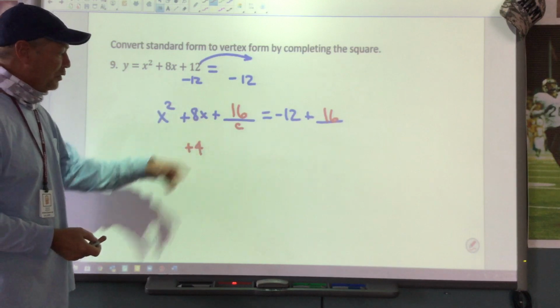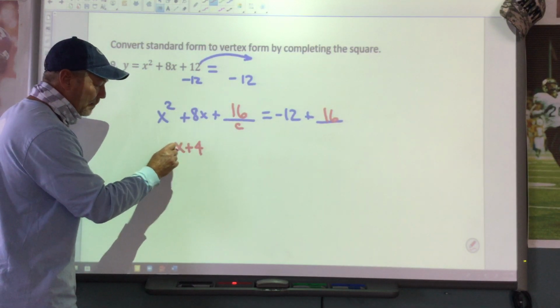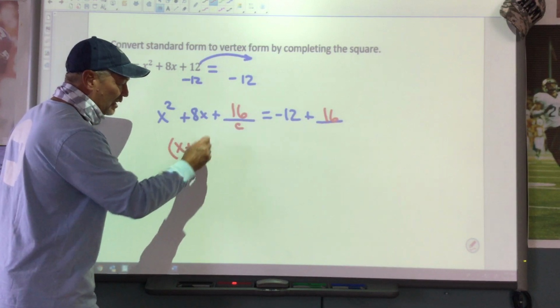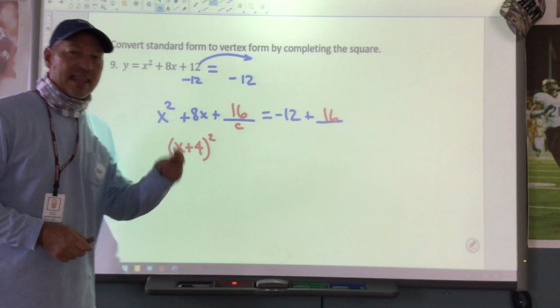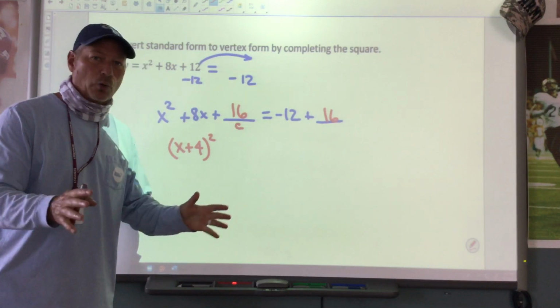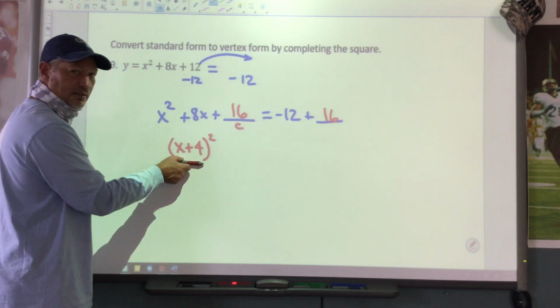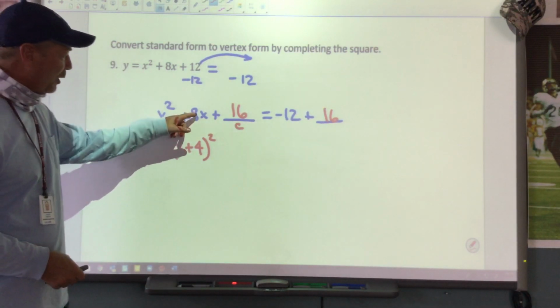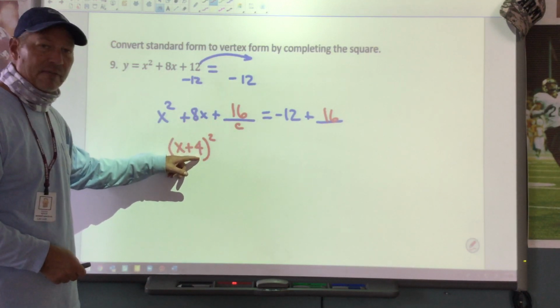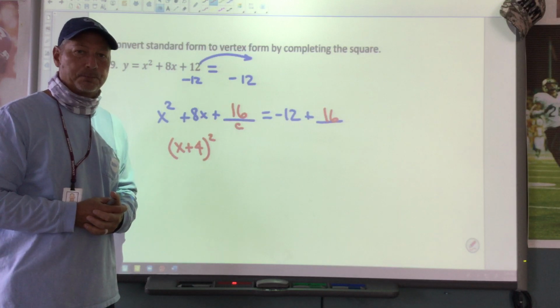Now, what we're going to do here is we're going to bring down an x, parentheses, squared. What we just did, this fast, really quickly, we have factored this into this. It's what we did on the previous page. All we're really doing is going to take half of that B value and bring down the x and the parentheses squared.